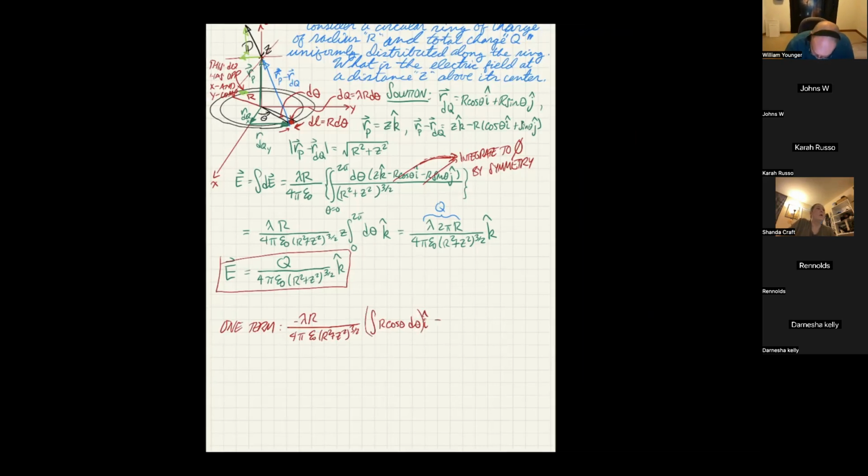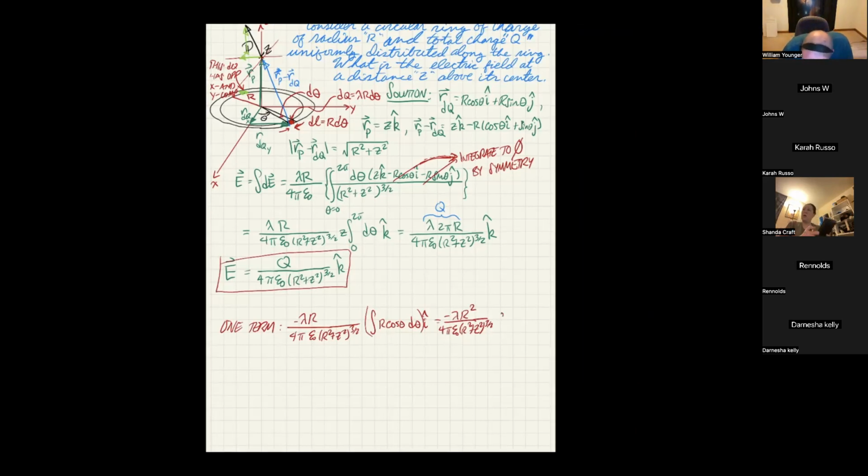You can see that that's going to be negative lambda r squared over 4 pi epsilon naught r squared plus z squared to the 3/2. But the integral of cosine theta, since the derivative of sine is cosine, the integral of cosine must be sine.